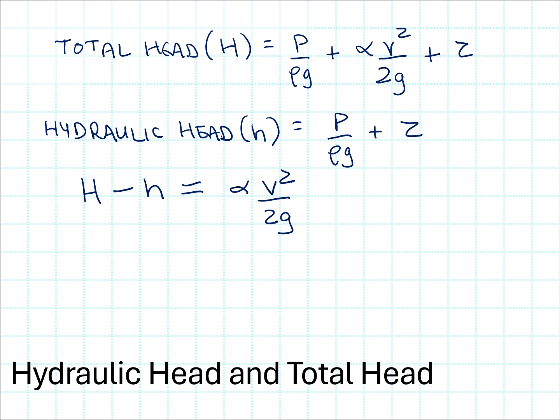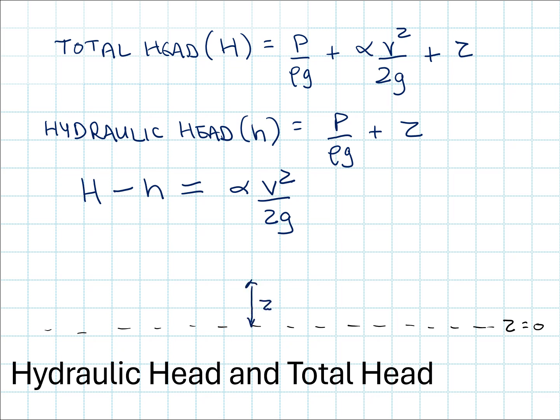So at any given point in my flow system, I can define my total head, H, as a height above my datum. So let's say that I've got a datum right here. This is where my z is equal to 0. And then I can express my total head as the sum of elevation.